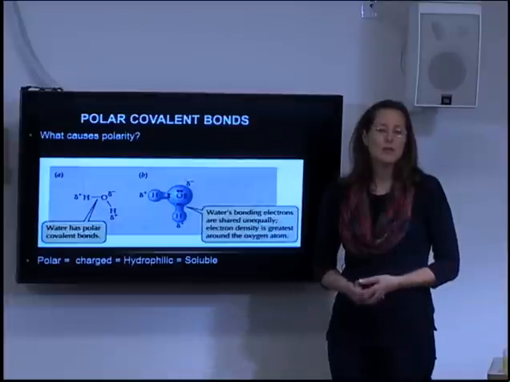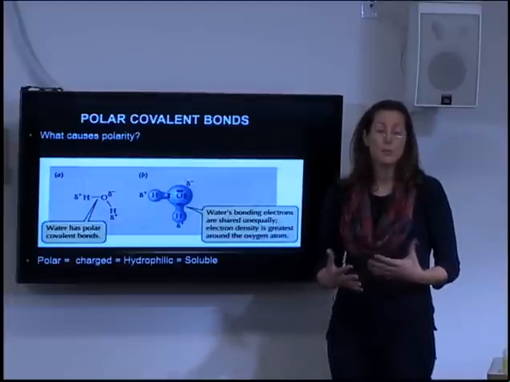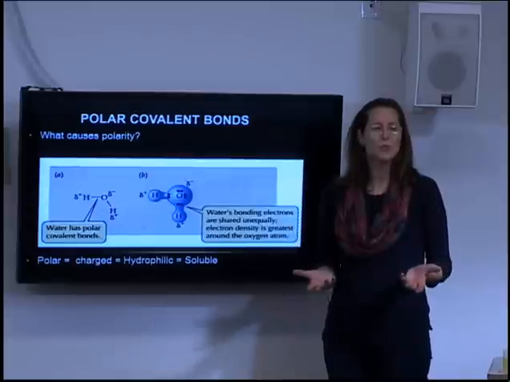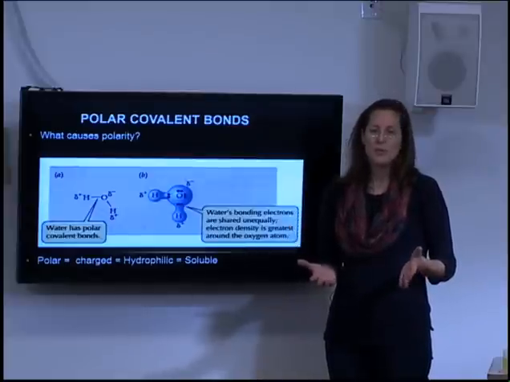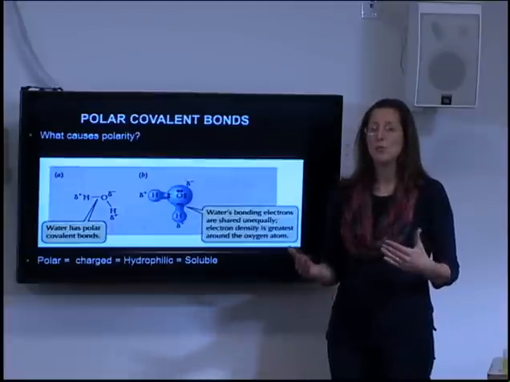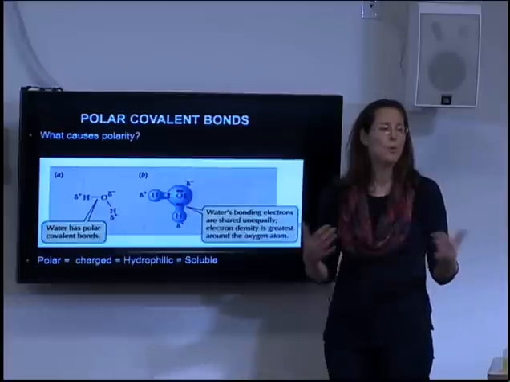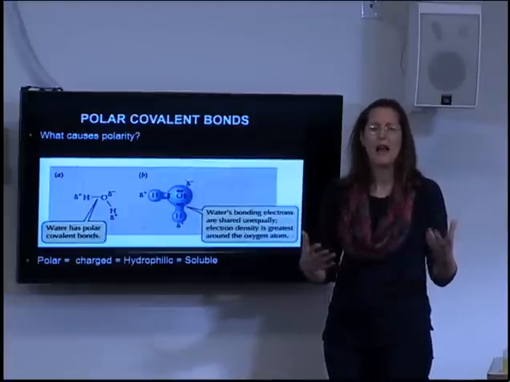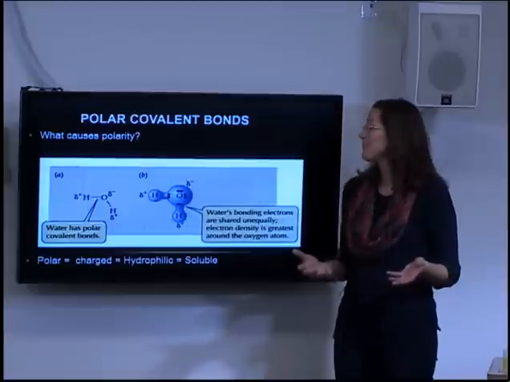And the reason we want to understand whether something is polar or nonpolar is to understand whether it's soluble in water. So if something is soluble in water, it's polar, and it just means that water can form points of attachment, bonds. It's attracted and it can surround that molecule.